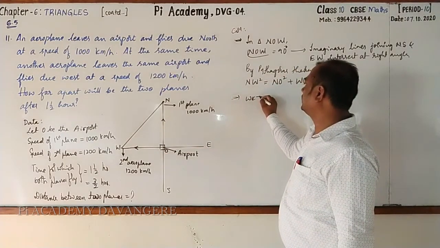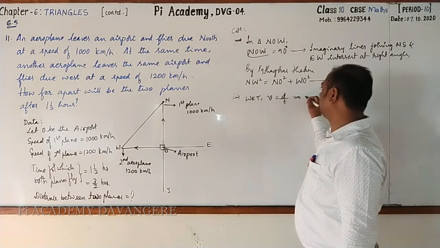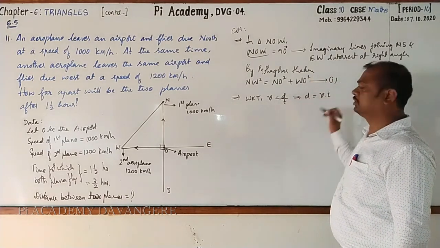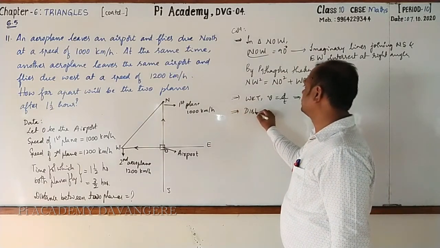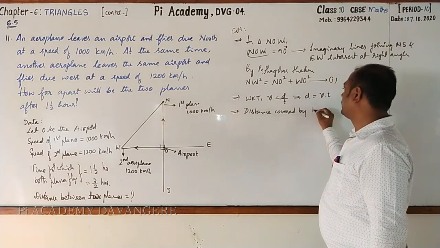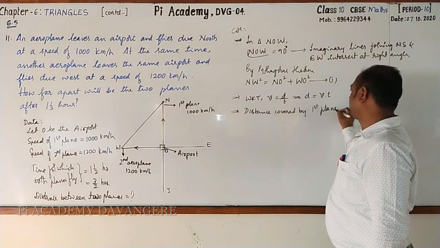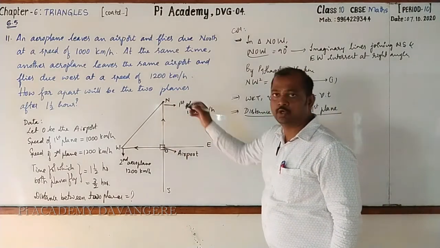We all know that speed is equal to distance by time. Then distance is equal to speed into time. Here I'll write distance covered by first plane. It is OL.